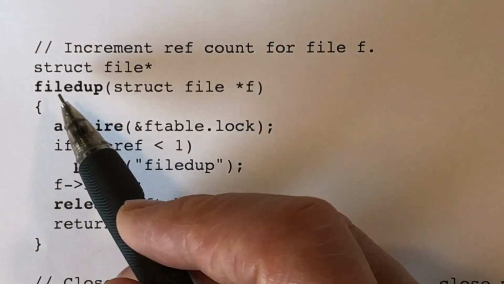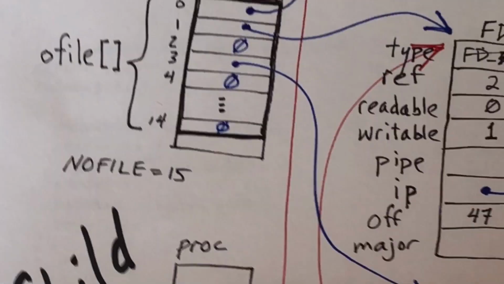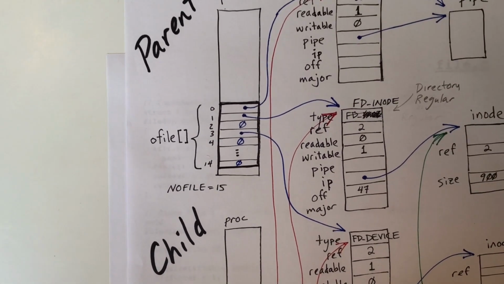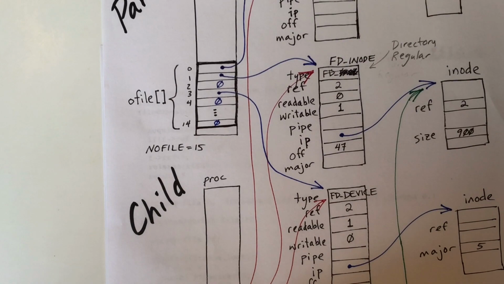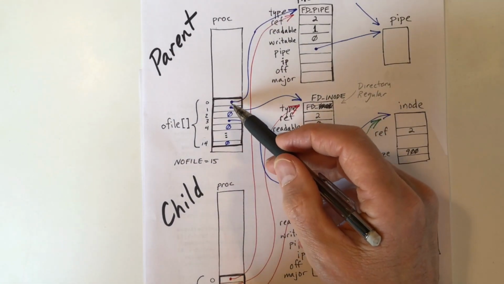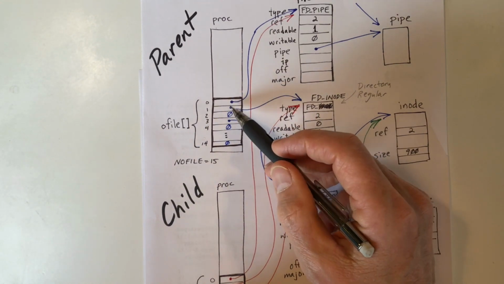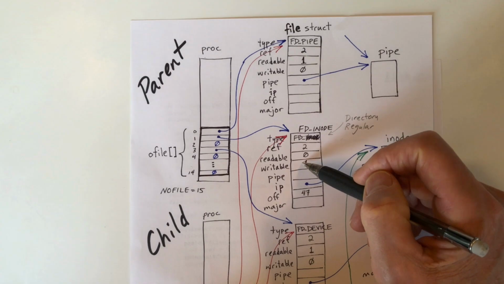Now let's take a look at the file dupe function. From time to time, we will have a process and we will fork it. So here's the parent process, and we will need to create a child process. Remember that the proc structure contains this array of open files pointing to various file structures.